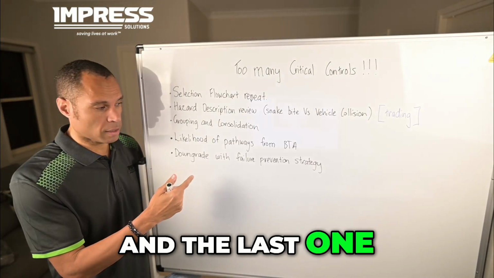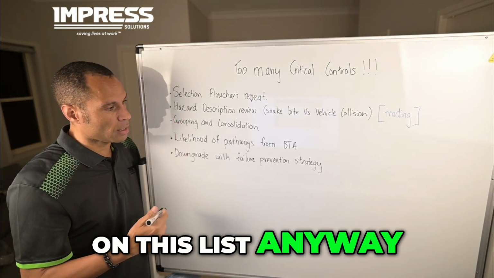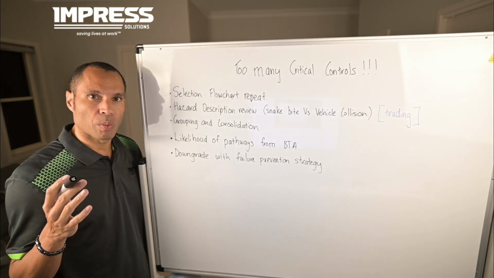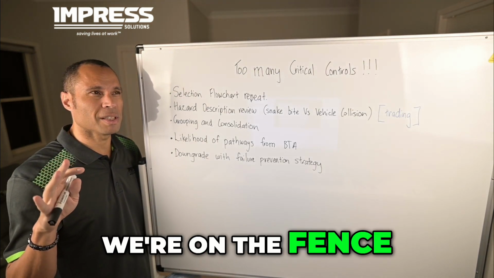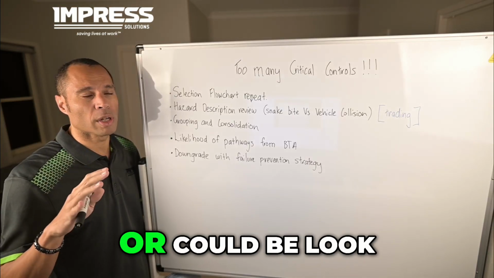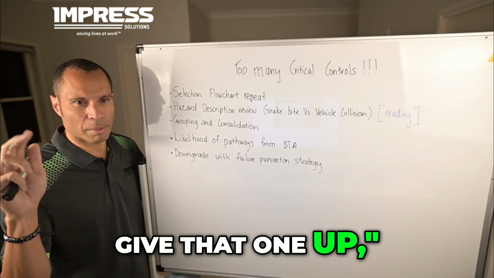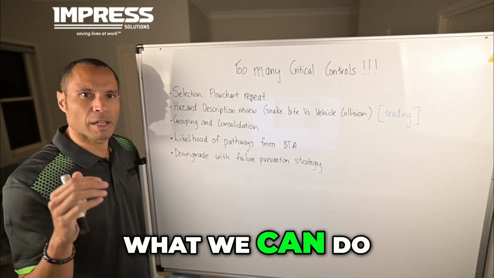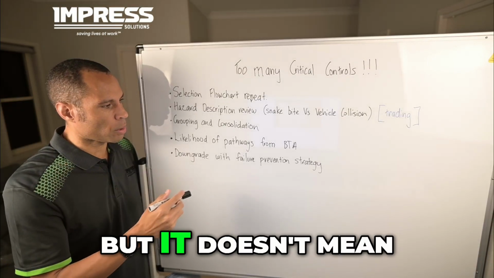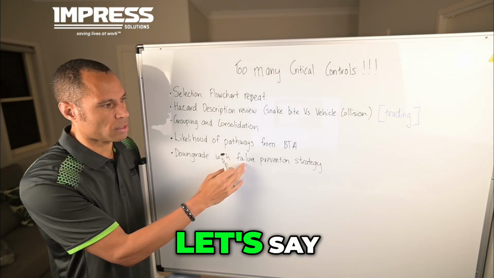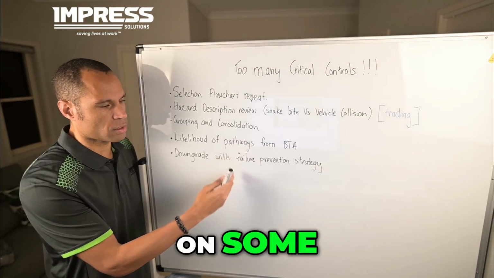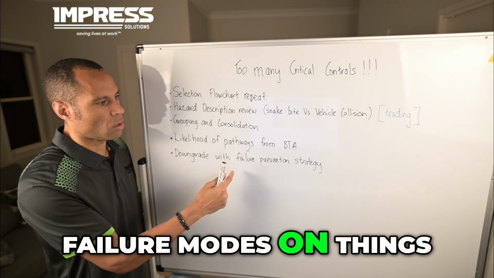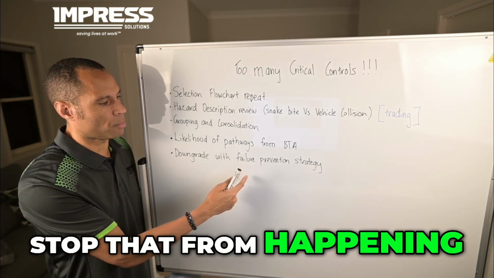And the last one, on this list anyway, is let's say we've got a critical control that we're on the fence about. It could be there, might not be. I'm willing to give that one up, in inverted commas. What we can do, again, is just downgrade it, but it doesn't mean we can't put in place, let's say, a 6-month checking activity on the failure modes we've identified, on things that we know stop that from happening.